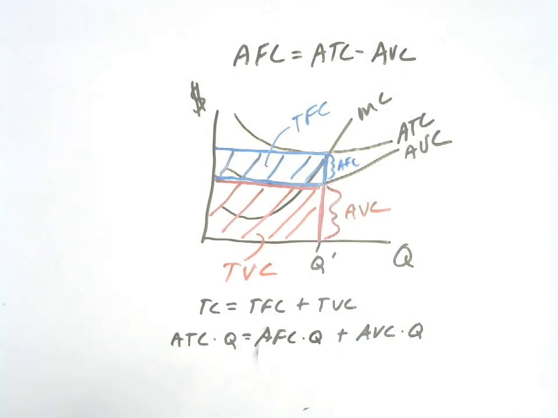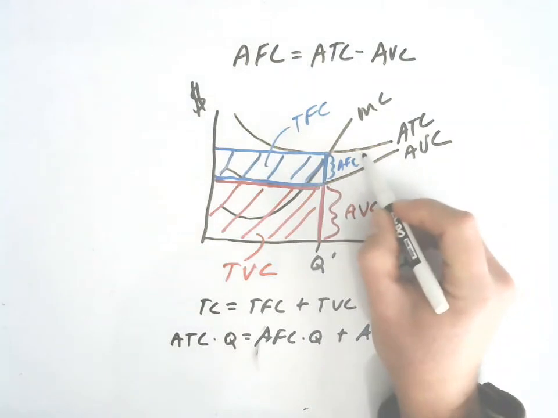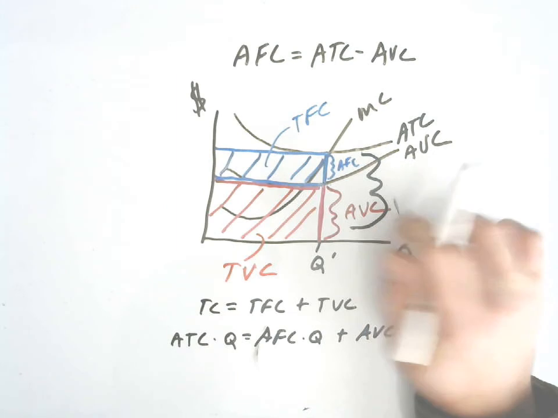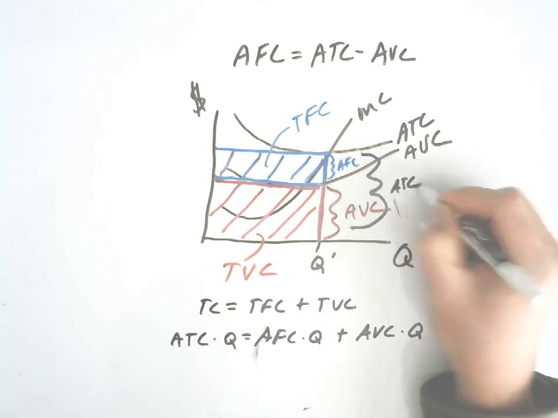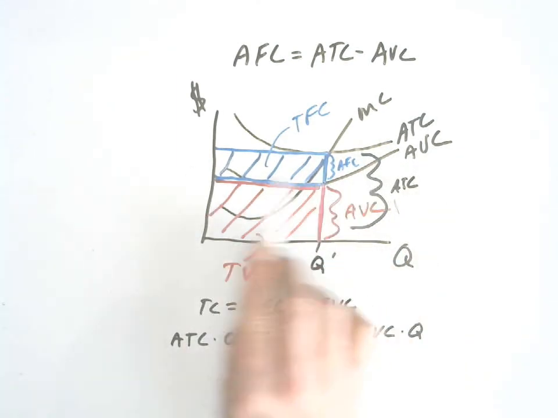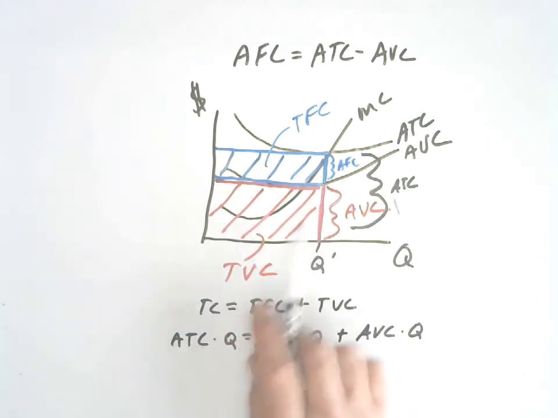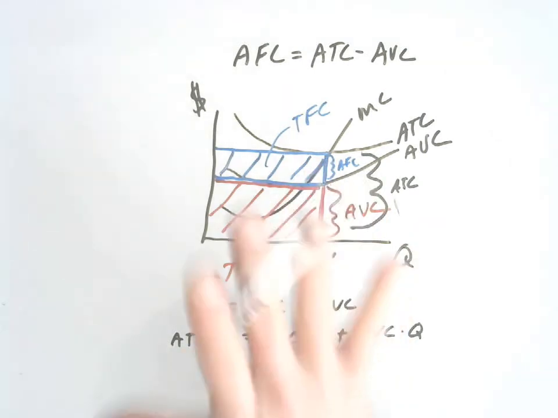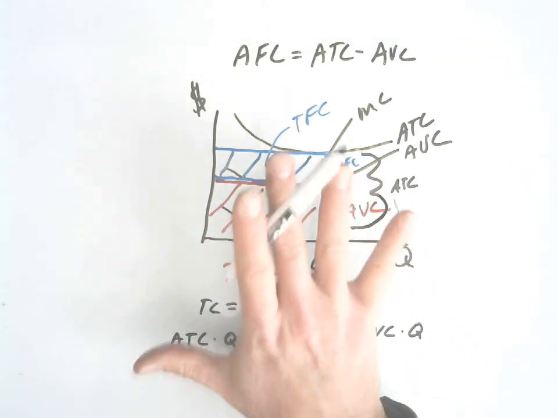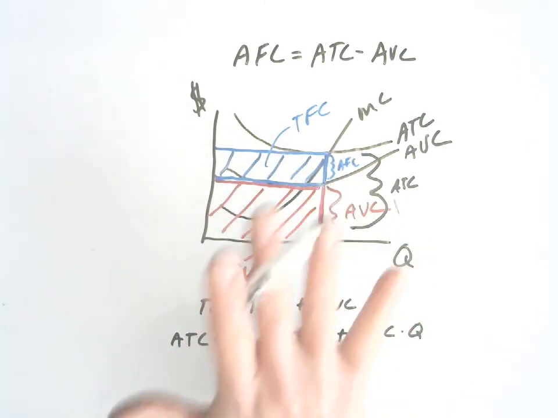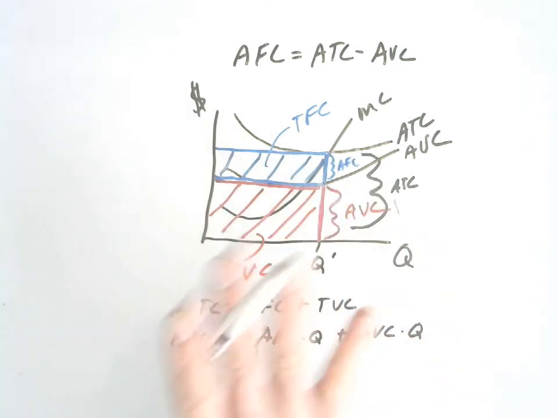I add those two boxes together and I've got my total cost back. So total cost is simply this distance here at that Q, which is average total cost, multiplied by Q, and that's the sum of those two boxes. All that equals total cost. So now we have a nice looking model of firm level costs, and now we can start to think about profit maximization.